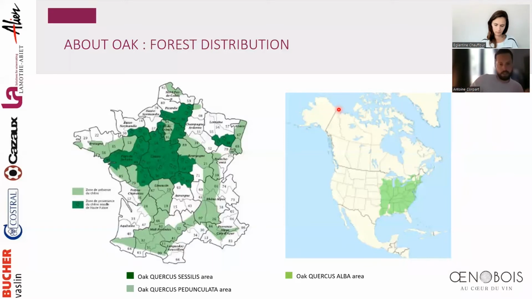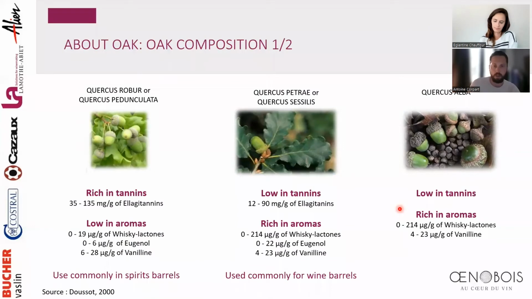In France, the sessilis area is located in the center of France, and the pedunculata area is located in the southwest of France, next to the Cognac and Armagnac areas. And if you look at the right, you can see that in America, our sourcing is done mainly in the east of the country, of the American wood.